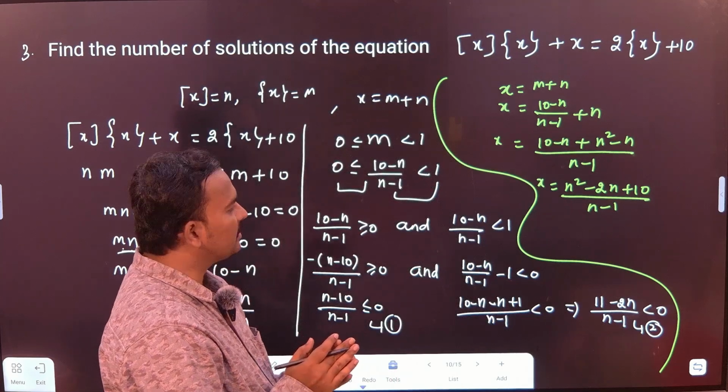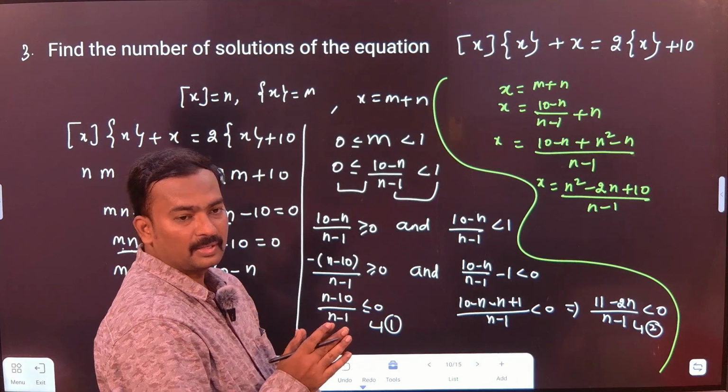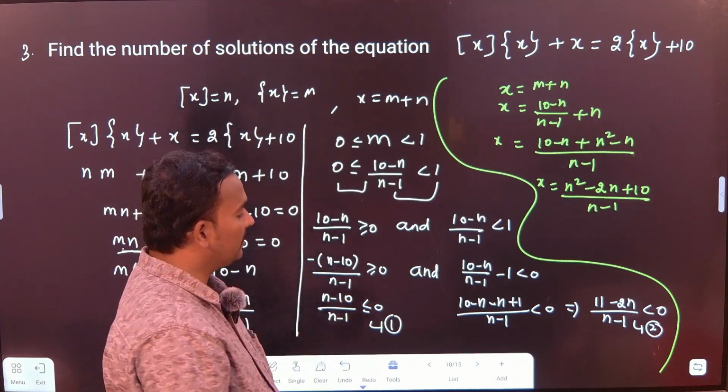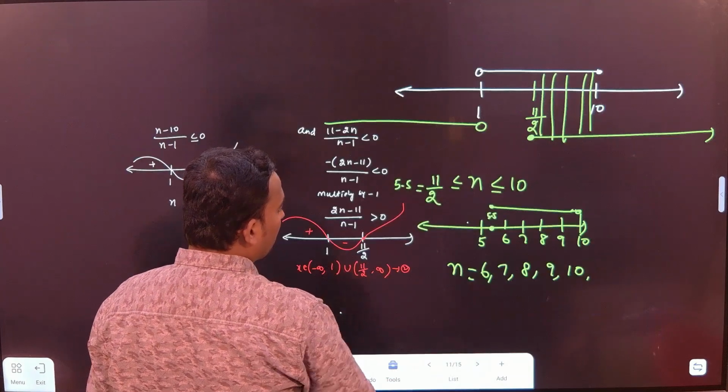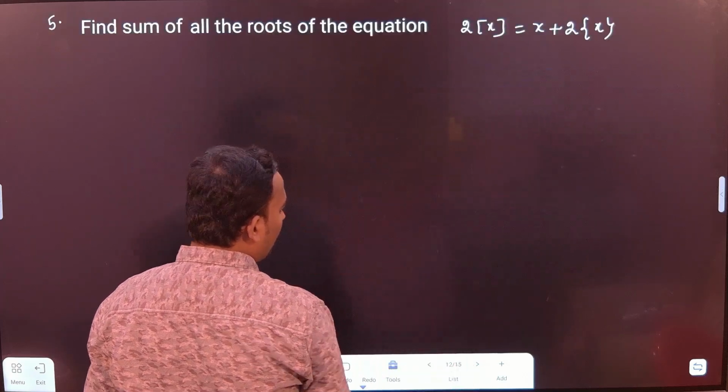Suppose n is equal to 6. 6, 7, 8, 9, 10 is possible, right? What are the n values possible? 6, 7, 8, 9, 10.